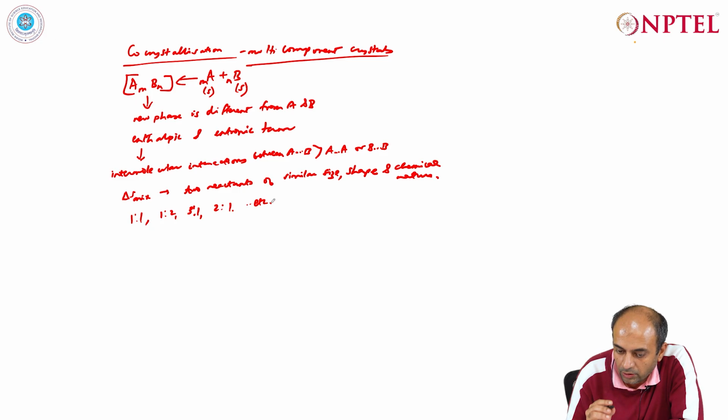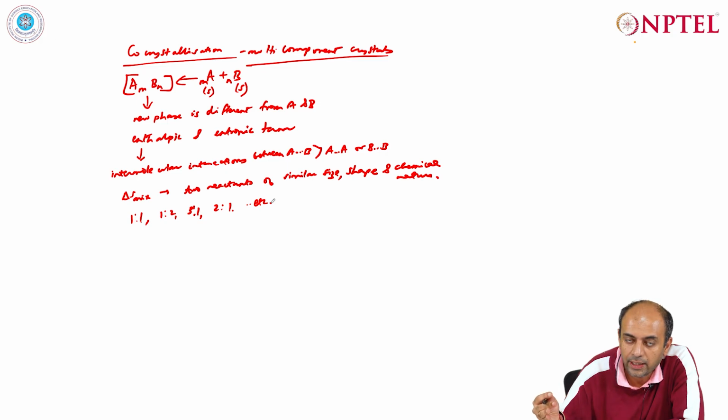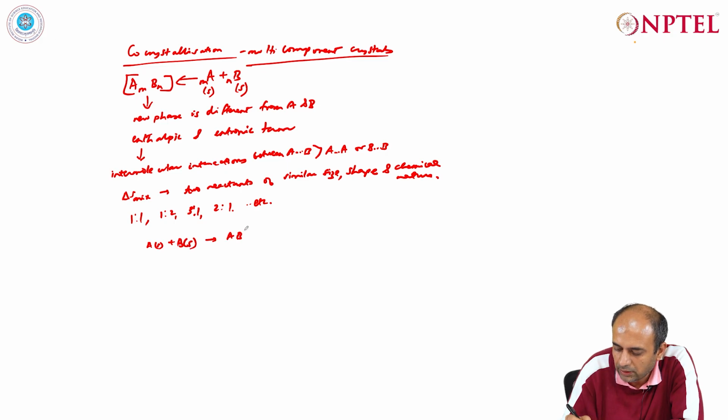And it is also important to note that now we are expanding the solid state diversity of these compounds. So, when we have got A solid plus B solid, we are forming, say, AB solid. This is referred to as a co-crystal phase.